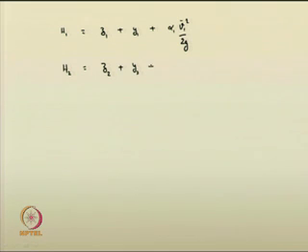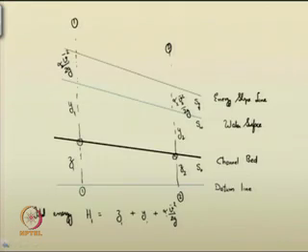As mentioned earlier, H1 is equal to Z1 plus Y1 plus alpha 1 V1 squared by 2g, and H2 is equal to Z2 plus Y2 plus alpha 2 V2 squared by 2g. Like this you can give the energy equations for the two sections.